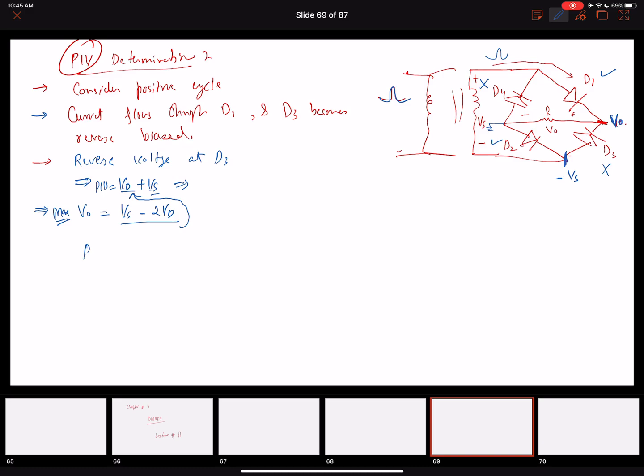So now my PIV will become Vs minus 2VD plus Vs. So this will become 2Vs minus 2VD. So the total peak inverse voltage across the diode over here is 2Vs minus 2VD.